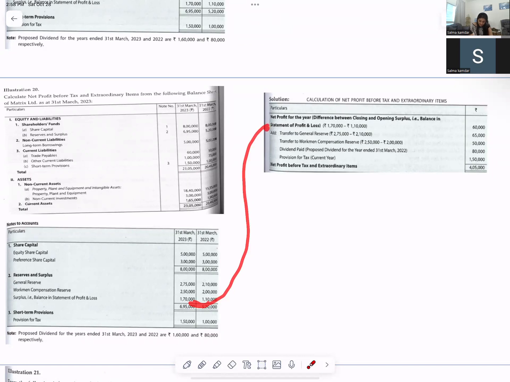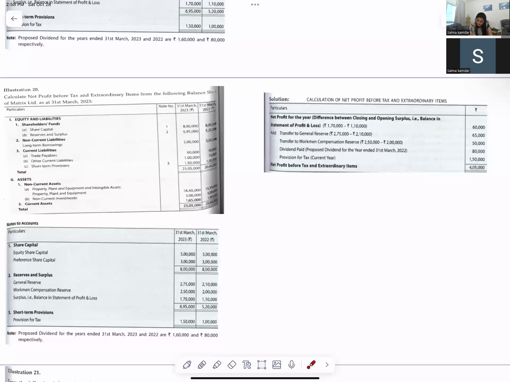Then if you see, there is a transfer to general reserves. In the last year, your general reserves was 210. Now it is 275. So 275 minus 210 will give you your transfer to general reserves. You will add back. Similarly, you have a transfer to workmen compensation fund 50,000. You will add back.